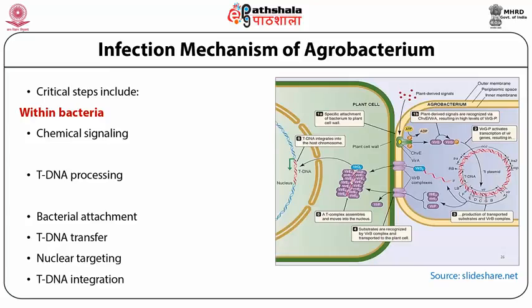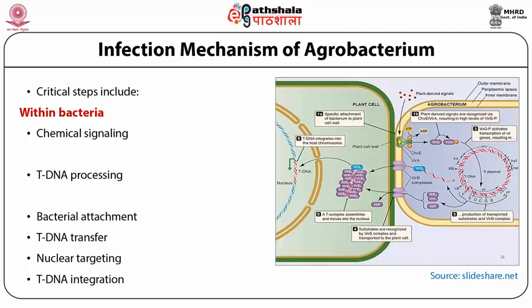This Vir-D2 and the tDNA are transferred through this channel from the bacterial cell into the plant cell. At the same time, other Vir products like Vir-E and Vir-F, which are generated in the bacterial cell, are transferred to the plant cell. Vir-F helps the transfer DNA pass through this VirB channel. As soon as the transfer DNA enters the plant cell, it needs to be protected from exonucleases. It is coated by Vir-E protein molecules, so that the DNA is not degraded.